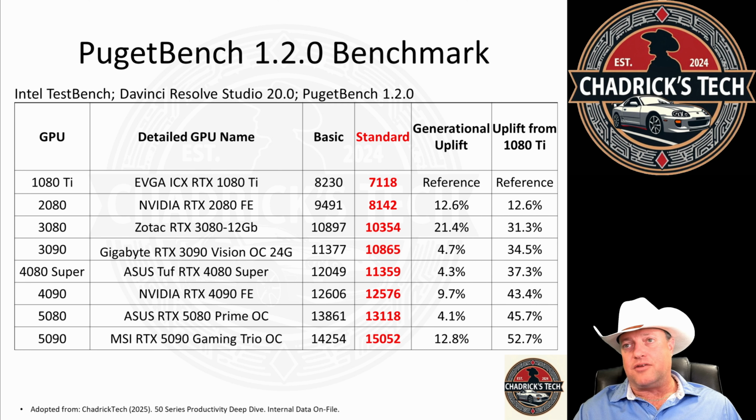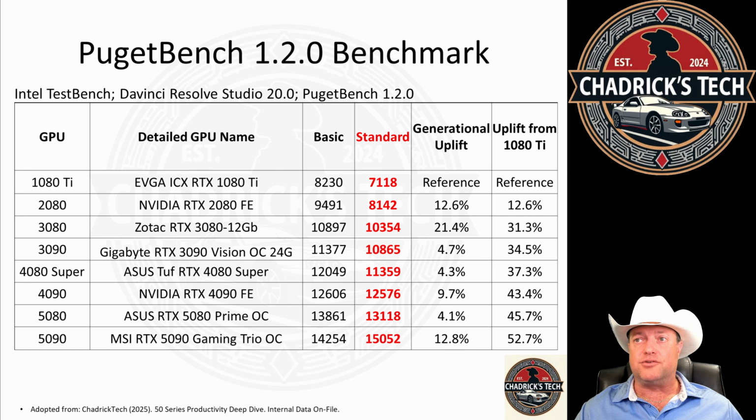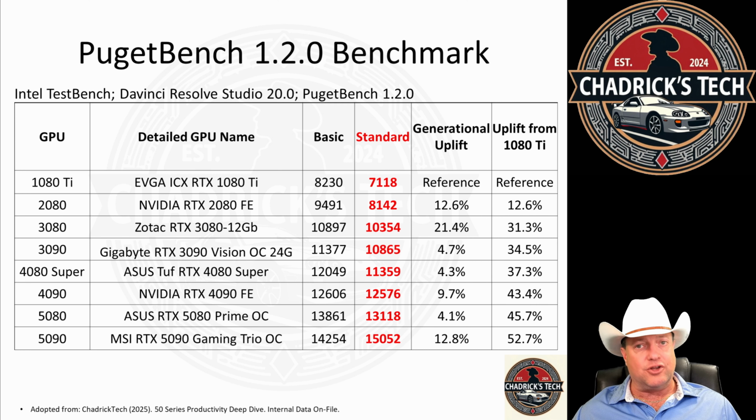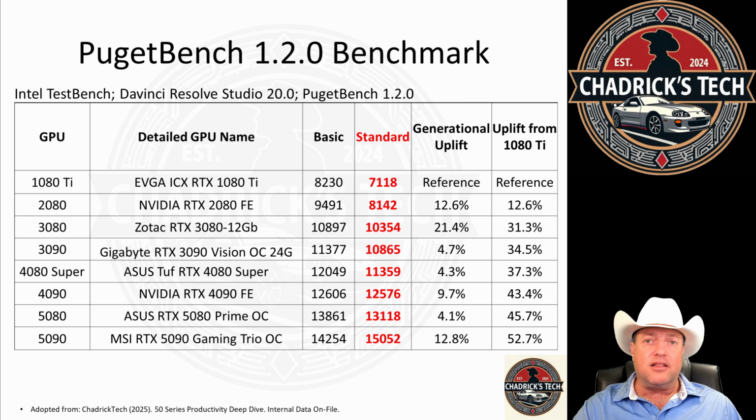Albeit it's only a 4.1% increase, but hey, we'll take it, right? It's actually following suit with what we wanted to see in the first place: the newer 80 series card beating the previous generation's 90 flagship card. And we do see that here with the scores: 4080 Super, 4090, 5080, 5090, and the generational uplift that you get.